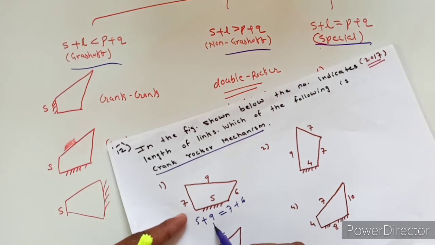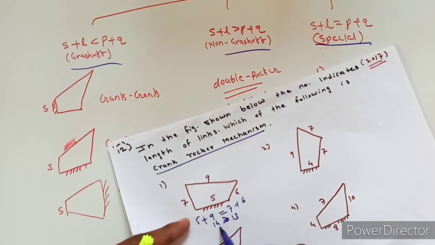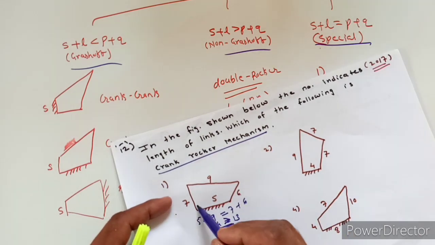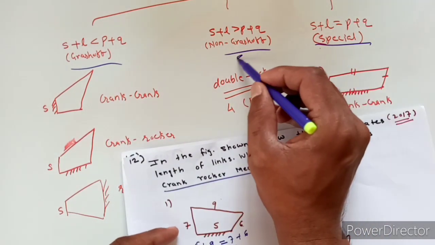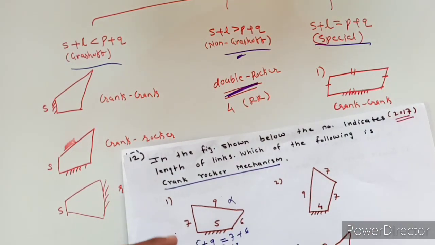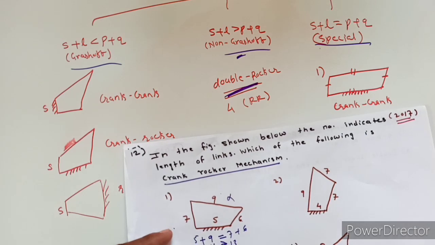So 9, 10, 11, 12, 13, 14 equals 14. So S plus L is greater than P plus Q here. So this is double rocker. This is a non-Grashofian linkage. This falls into the category where all the inversions are double rocker. So this is also double rocker. We want crank rocker. So this is not our answer.